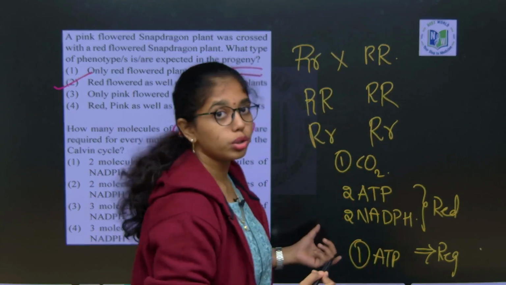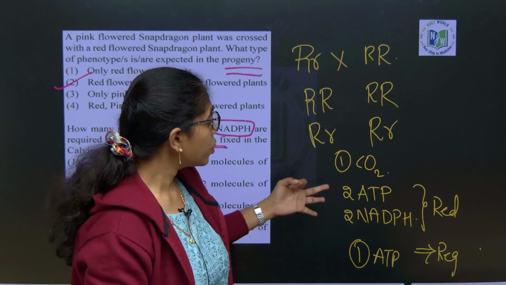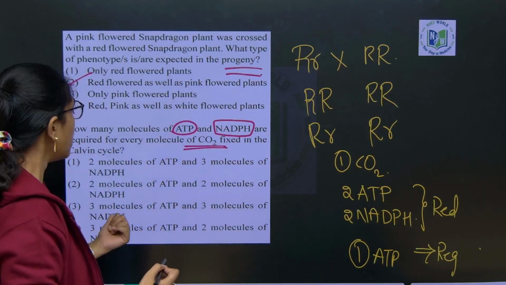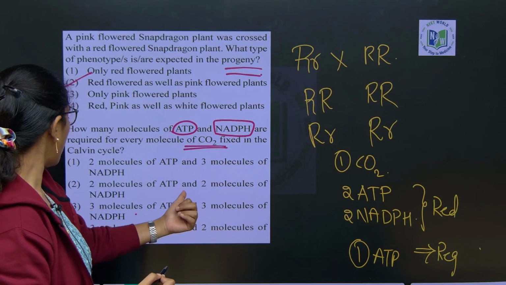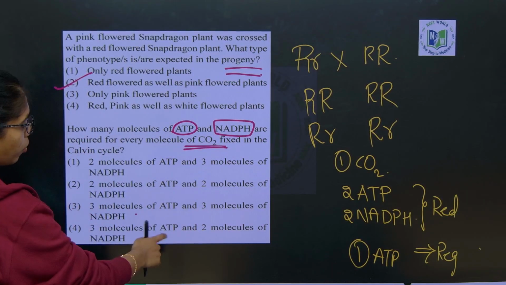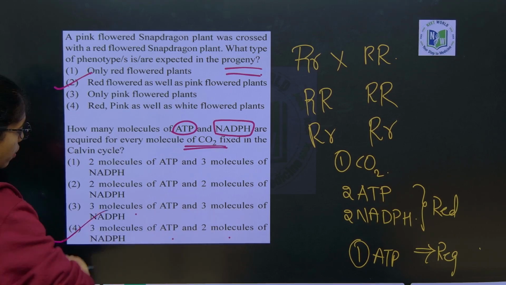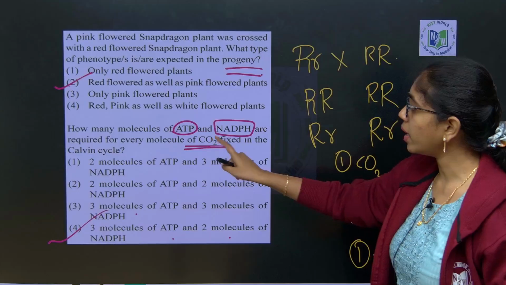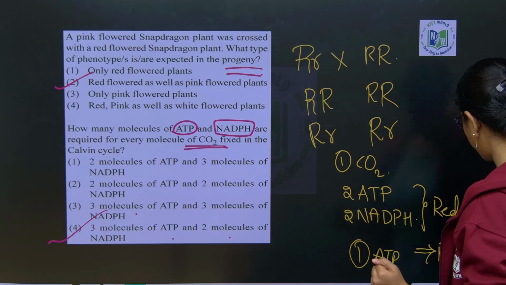So, in total how many ATP, beta? 3 ATP and 2 NADPH. So, in total it is 3 ATP and 2 molecules of NADPH. 3 molecules of ATP and 2 molecules of NADPH are required for 1 carbon dioxide fixation.